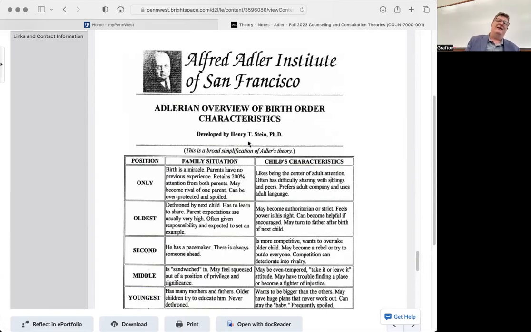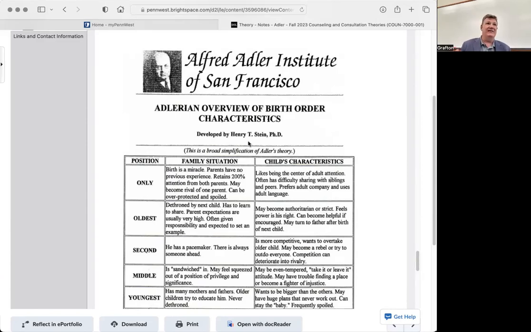And so Adler was considered one of the very first family systems theorists. And what he thought about family systems was very primitive, but he was one of the first ones.